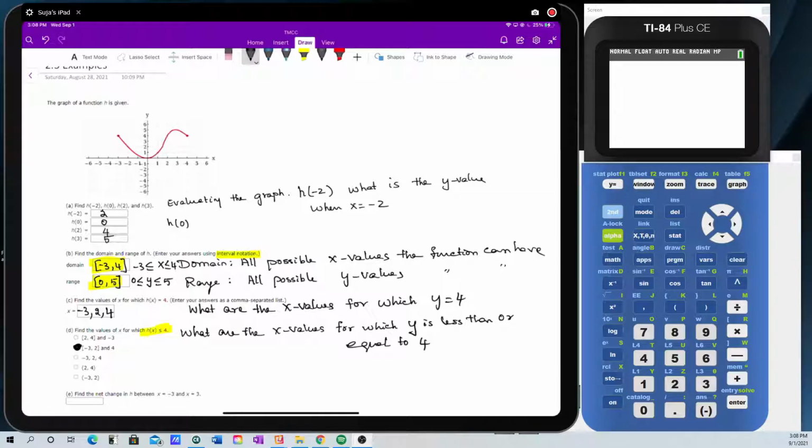When x is -3, my y value is 4. When x is +3, my y value is 5. So the net change in h, or the change in y value, is actually h of 3 minus h of -3. So I know h of 3 was 5 and h of -3 was 4. So 5 minus 4 is equal to 1. So the answer here must be 1.